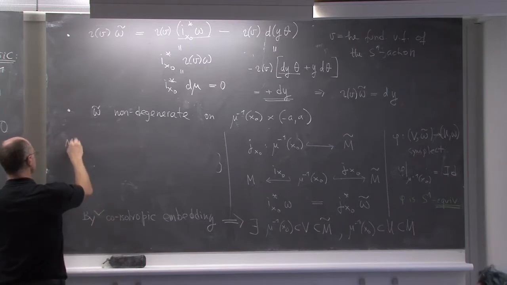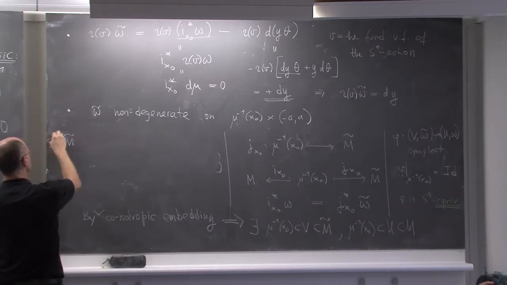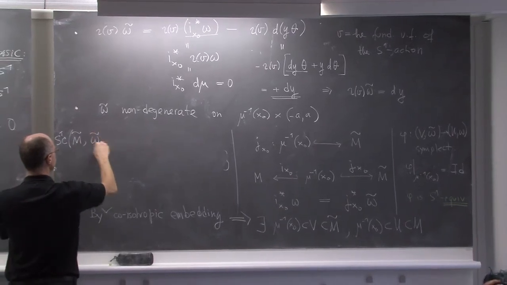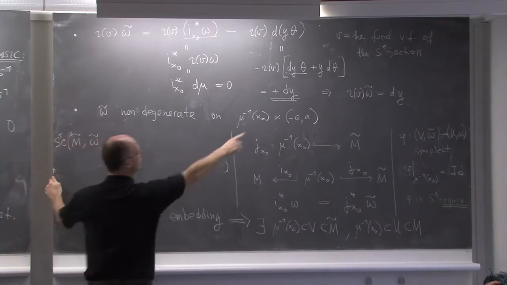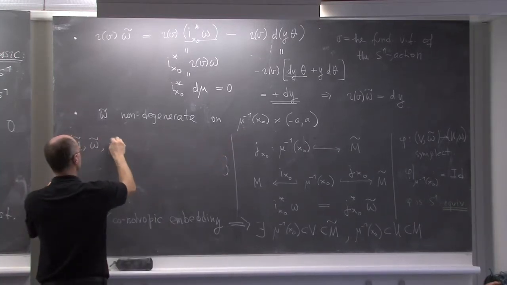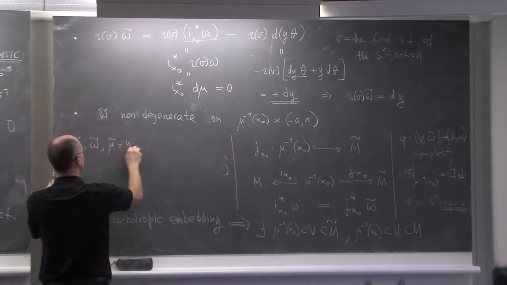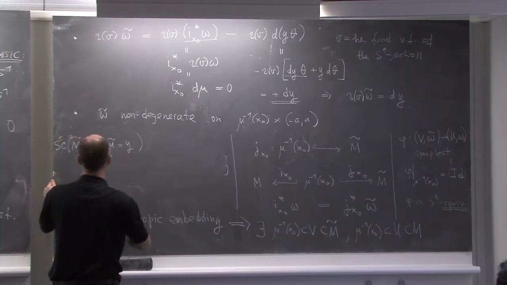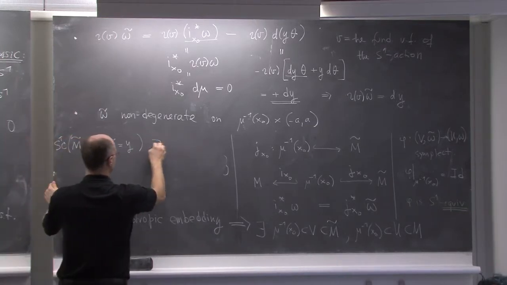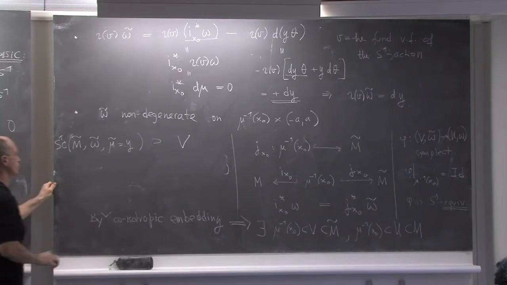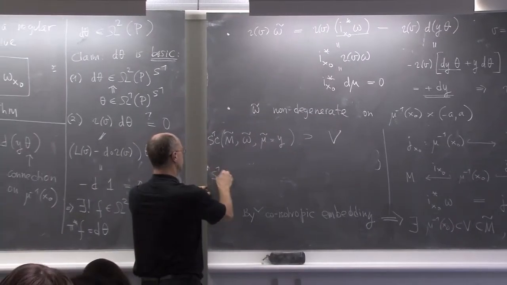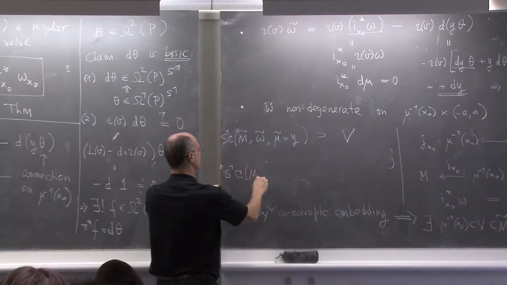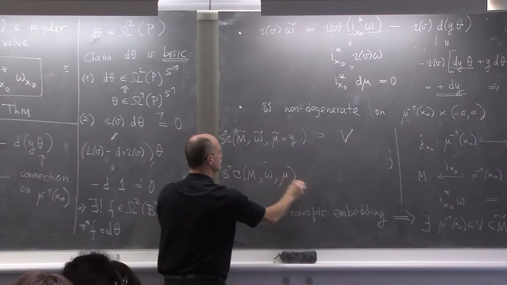we've got a piece of M tilde, so there is an S1 action, there is omega tilde. So here we said that we can choose mu tilde simply equal to y. So here there is a kind of open neighborhood of this level set, and similarly there is an S1 action on M, omega, mu.